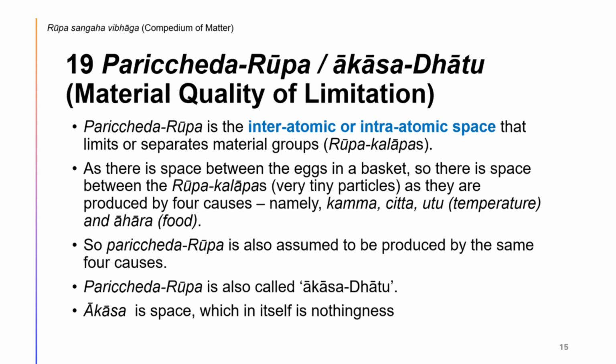Pariccheda Rupa is also assumed to be produced by the same four causes. So when there's growth, there must be a space. Pariccheda Rupa is also called Akasa Dhatu. Akasa means space, nothingness.